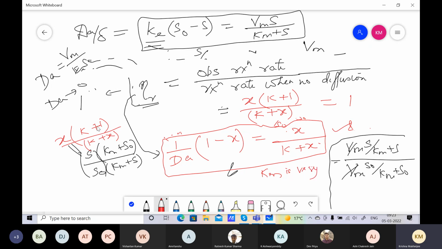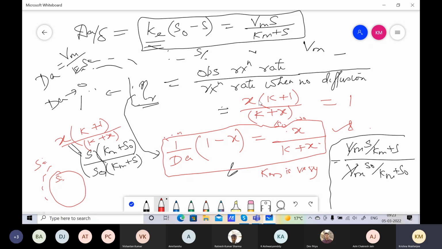So you have this circle here and the film, but as the substrate concentration is high, this concentration is low, but the enzyme is so efficient that whether it is S0 or S, it is always a 0th order reaction. And hence, for all practical purposes, if kappa goes to 0 and it is a 0th order reaction, whether it is S0 or S, it is as if external mass transfer doesn't exist. It actually does exist, but it is not going to impact efficiency.